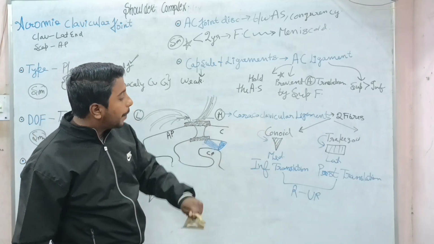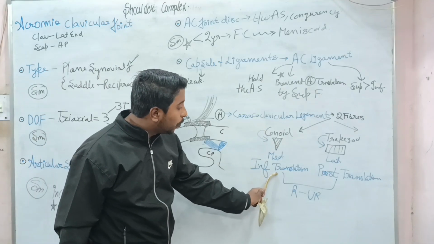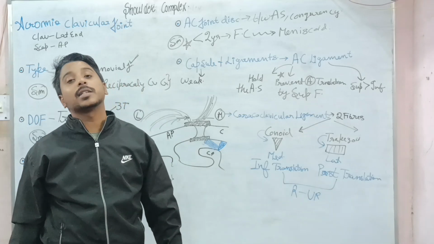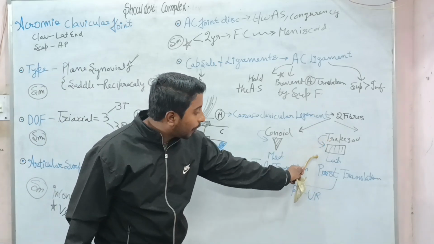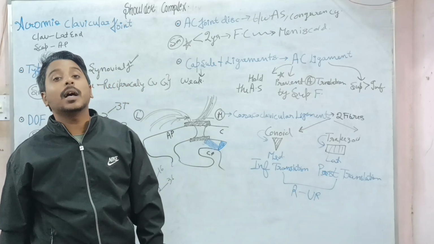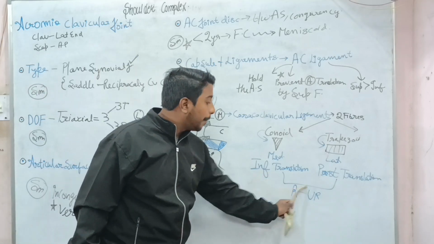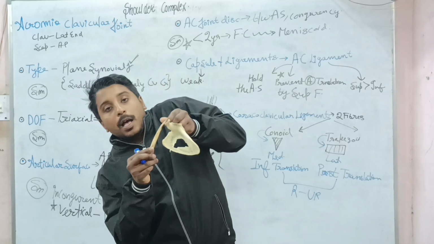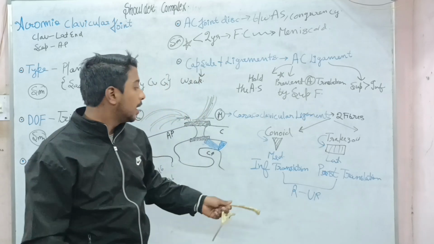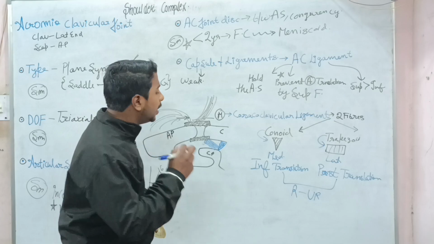The individual function of the conoid part is resisting the inferior translation, the individual function of the trapezoid part is resisting the posterior translation, and the combined function is resisting the upward rotation of the scapula.